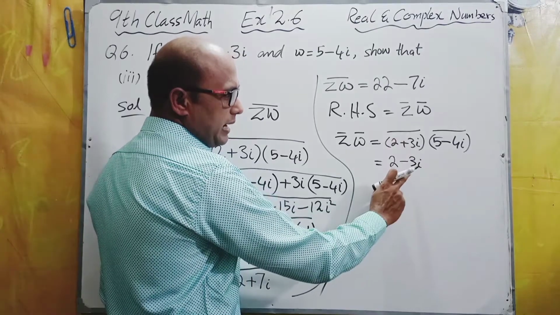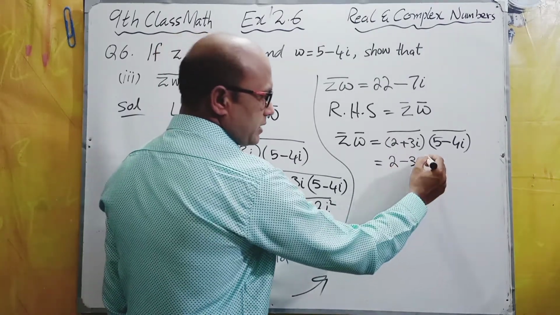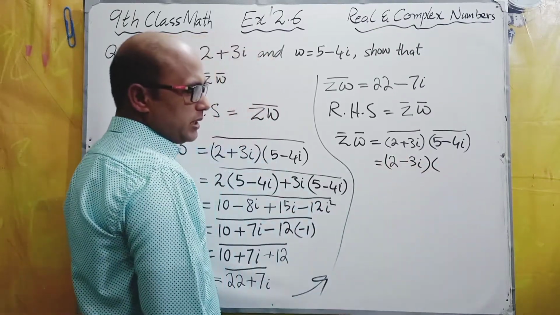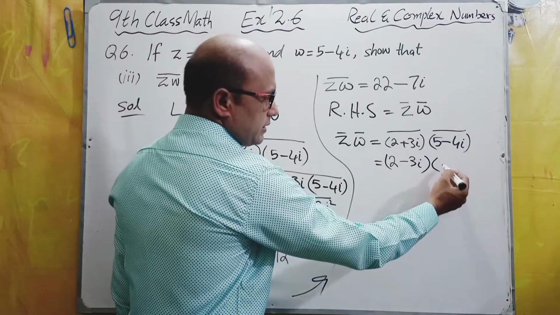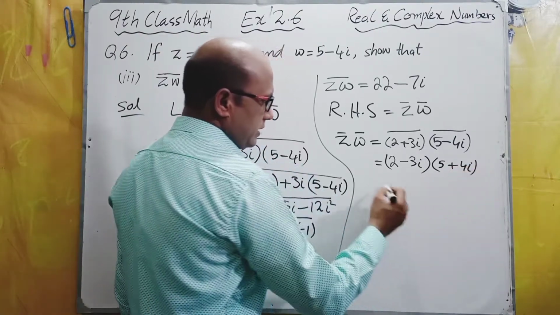On removing the bar, the sign of the imaginary number will be changed, but the bracket will remain around these, and it will become 5 plus 4 iota.